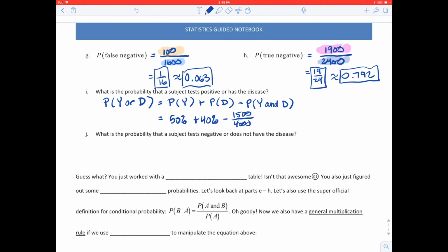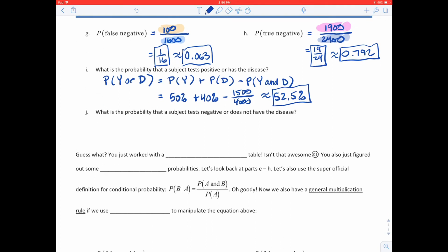Okay. So this would end up being, at the end of the day, approximately 0.525, or actually we're in percentages, so we would have 52.5%. Okay?